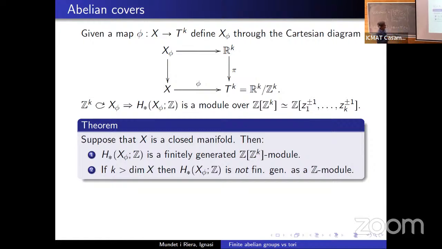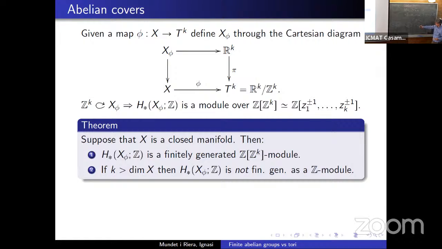Okay, but in general, it's not finitely generated as a Z module. So let me give an example. You consider the map that collapses this part of this genus 2 surface, and then you project to one of the factors of the torus.